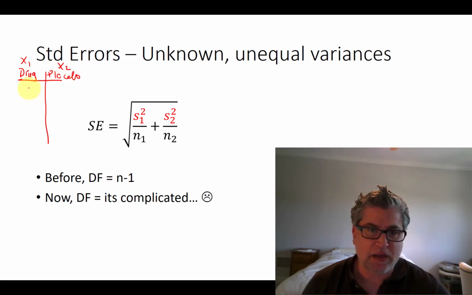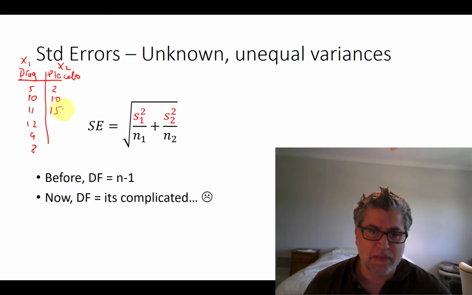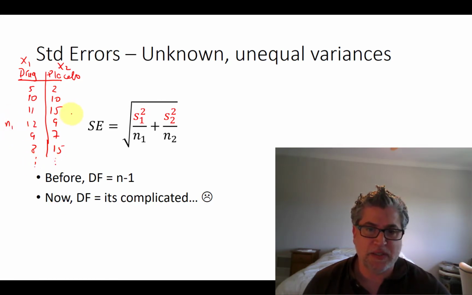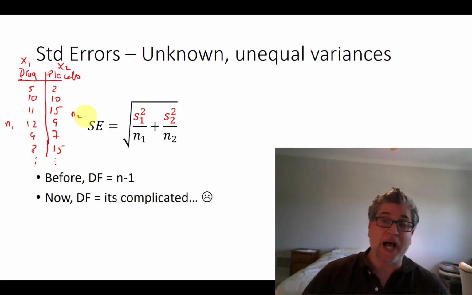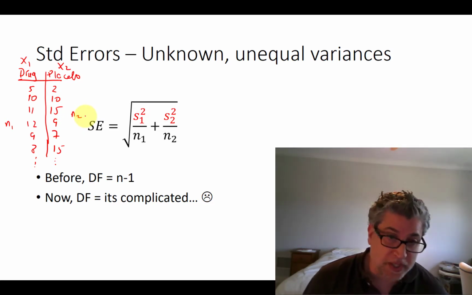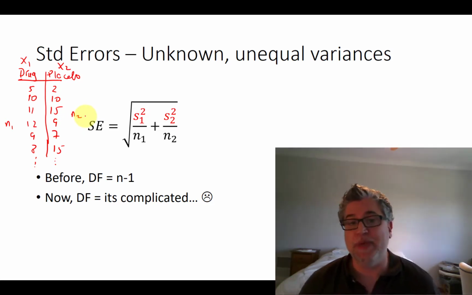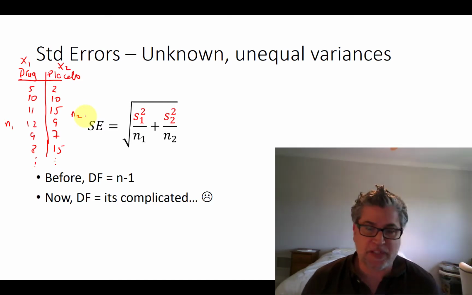And you've got data, I don't know, 5, 10, 11, 12, 9, 8. And then for placebo, some other data. You've got, let's say, n1 of these, n2 of these, different size samples for those who receive the drug, and a different number of people who receive the placebo, and that's fine.